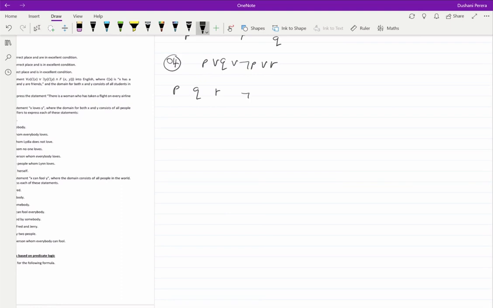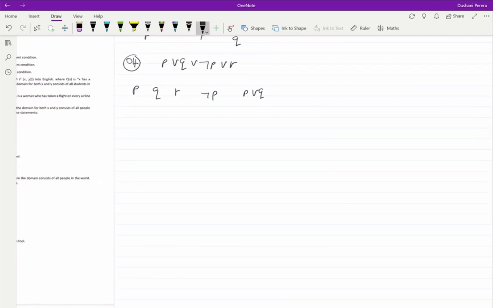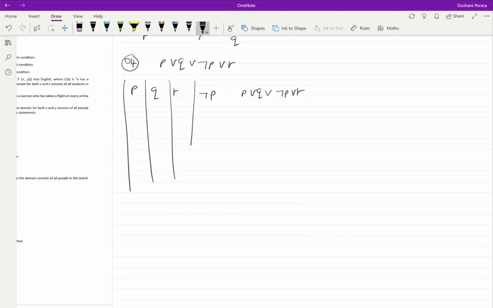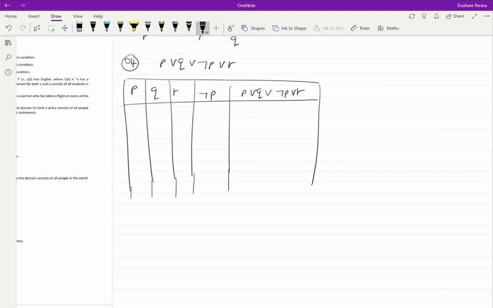P, Q, R, negation P, P implies Q, or negation P implies R. Alright, so we have 3 variables: true, true, true, true, false, false, false.